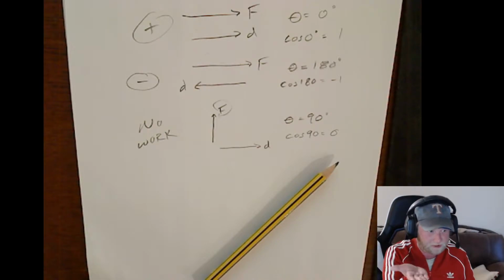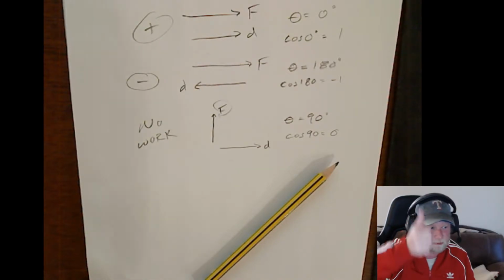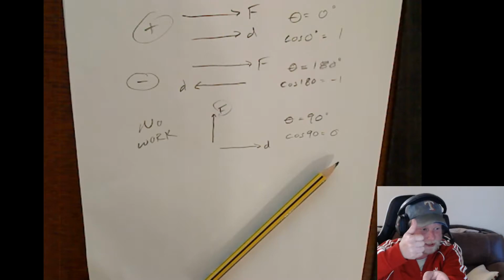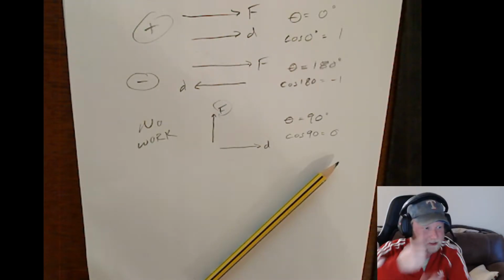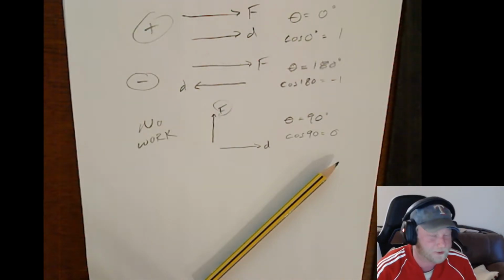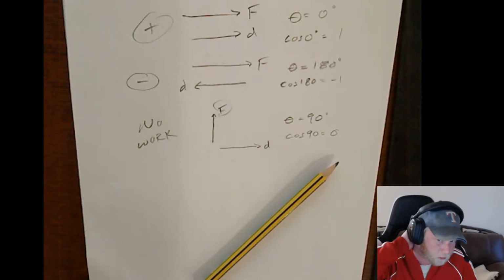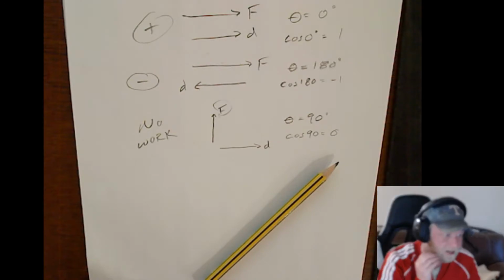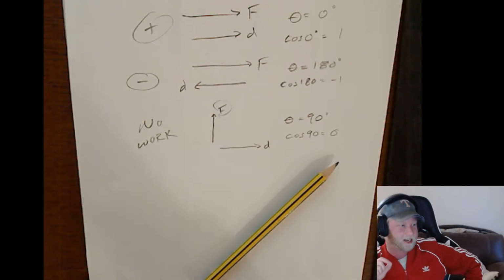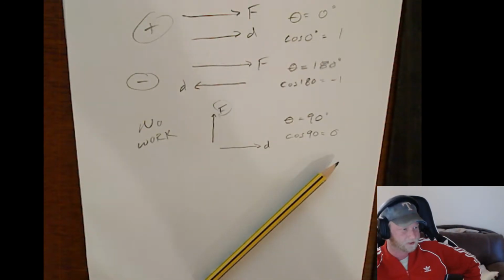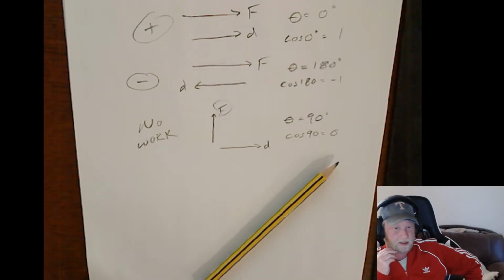The force of your hand on the tray is directed upwards, but the tray is being displaced across the restaurant in a horizontal direction. So in that case, from a physics perspective, you've done no work. So again, you always want to be careful with that cosine theta. That theta is a very particular angle. It's that angle of difference between your force vector and your displacement vector.